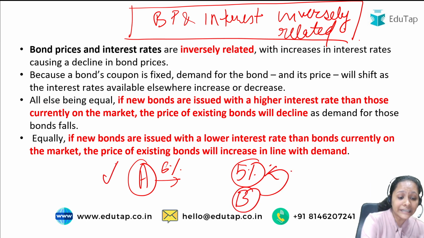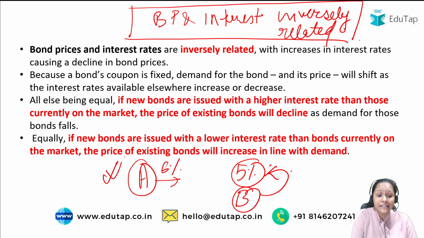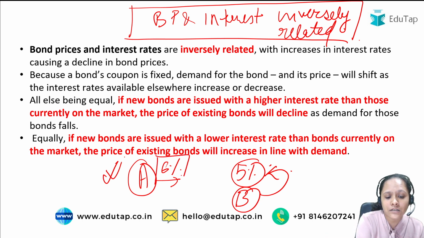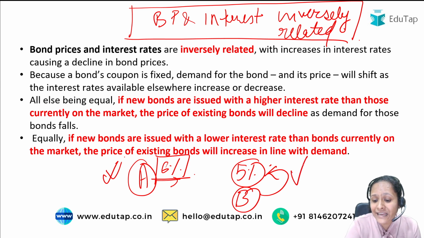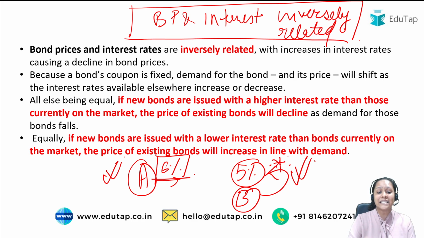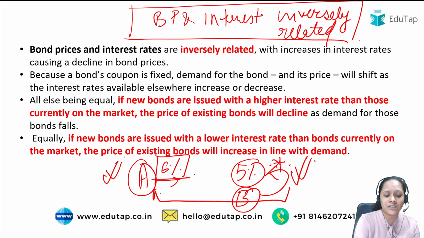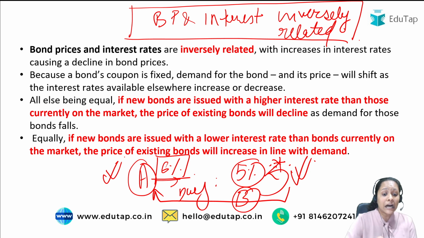Lekin this bond A which was issued earlier is still paying you 6% interest rate. तो एज अ इन्वेस्टर हमारी क्या साइकोलॉजी होती है कि whenever investment provides us more returns, we tend to invest our money in those kinds of funds. So what would happen? People would start selling this Bond B, which provides low interest rate, and people will start buying these bonds which provide you high interest rate.